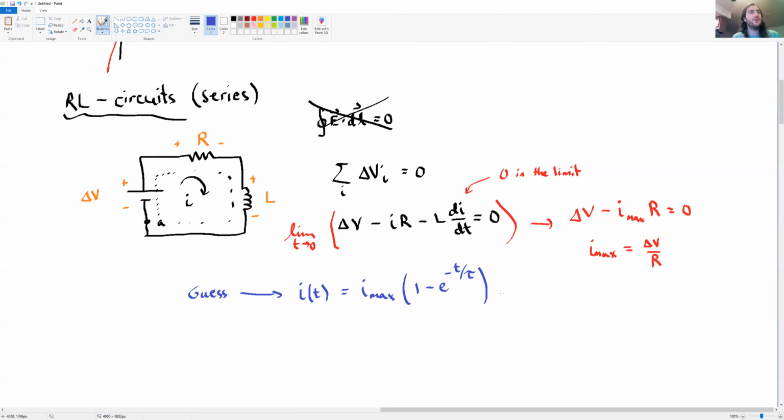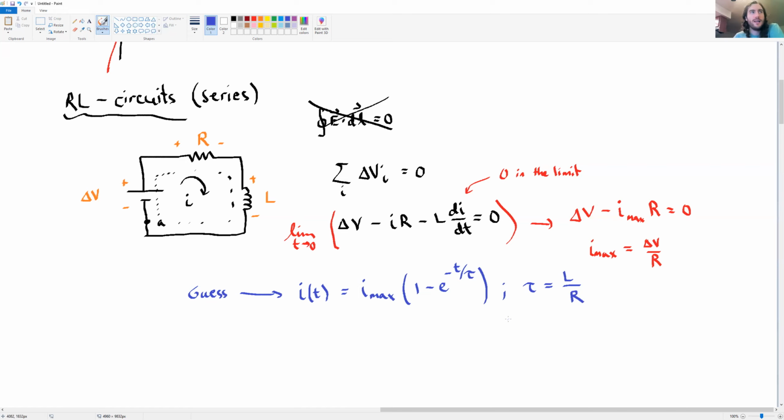I'll leave it to you to actually plug this back into the equation and see that it solves the equation when tau is equal to L over R. And again, you can check that Henries divided by ohms have units of seconds.